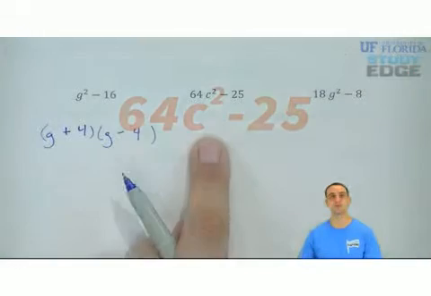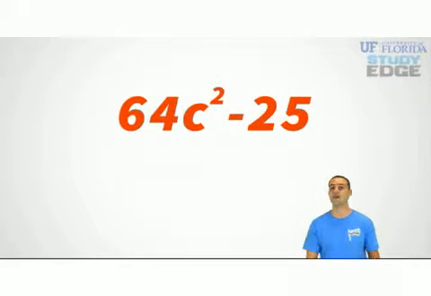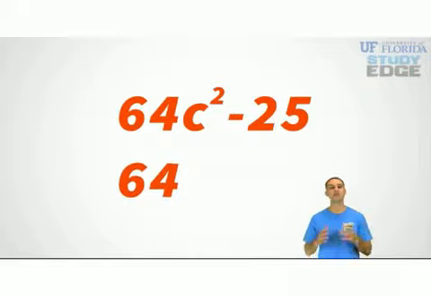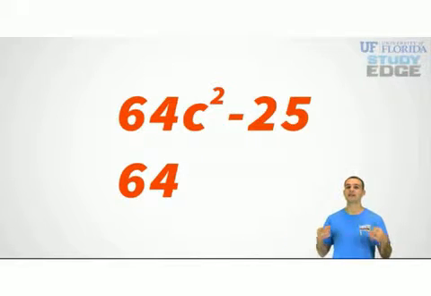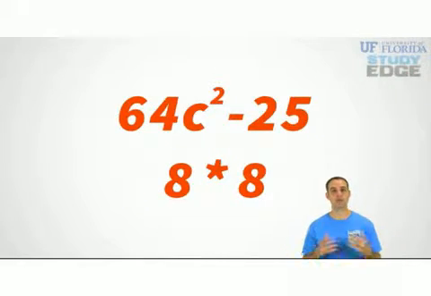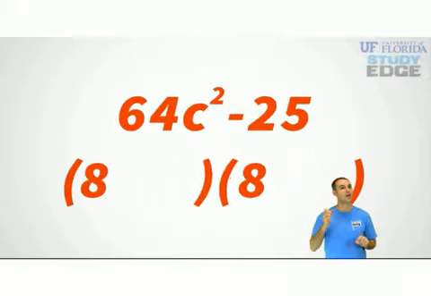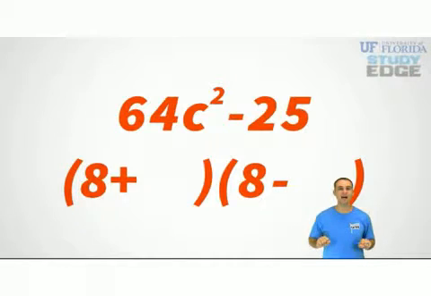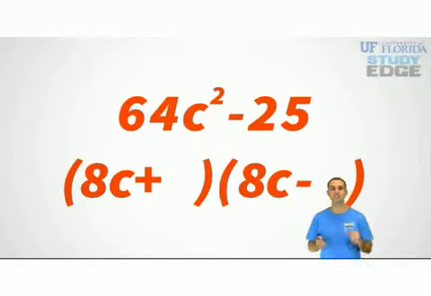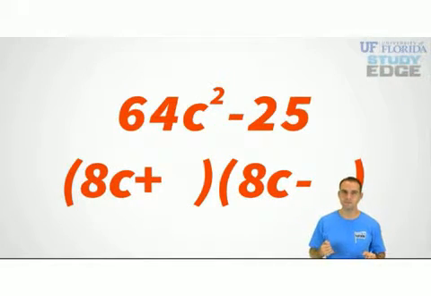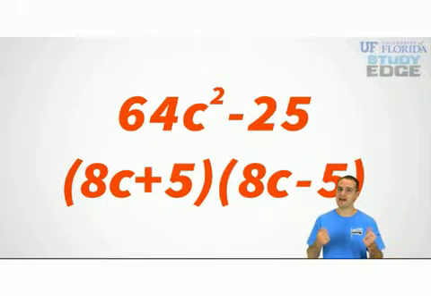Like this next one, 64c squared minus 25. 64 is going to be 8 times 8. And with that, we're going to split it up into each set of parentheses, one plus, one minus. c squared is a c and a c. 25 is a 5 and a 5.